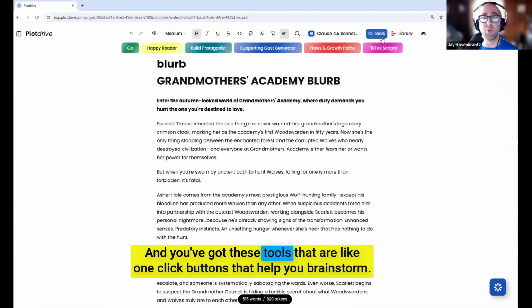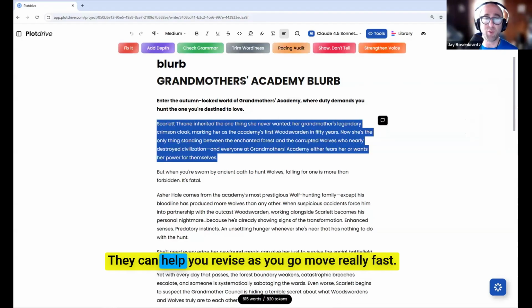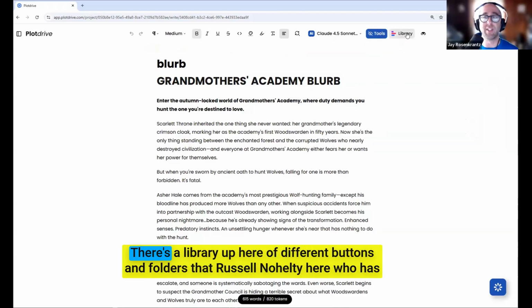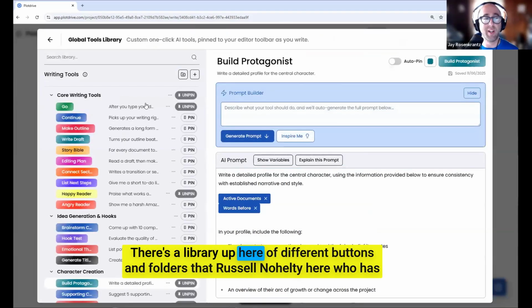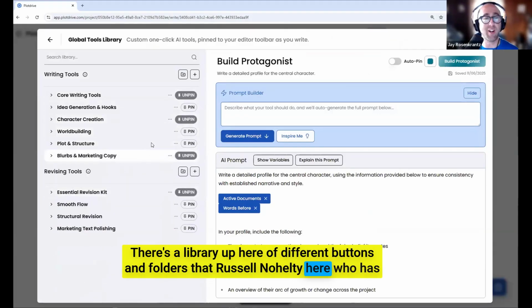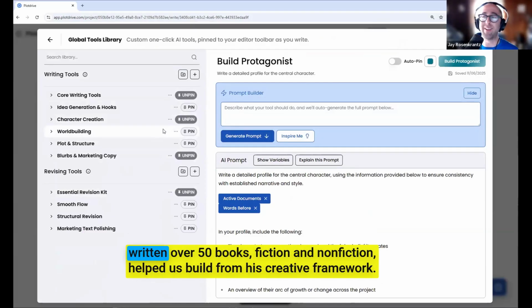You've got these tools that are one-click buttons that help you brainstorm. They can help you revise as you go and move really fast. There's a library up here of different buttons and folders that Russell Nolte, who has written over 50 books, fiction and nonfiction, helped us build from his creative framework.